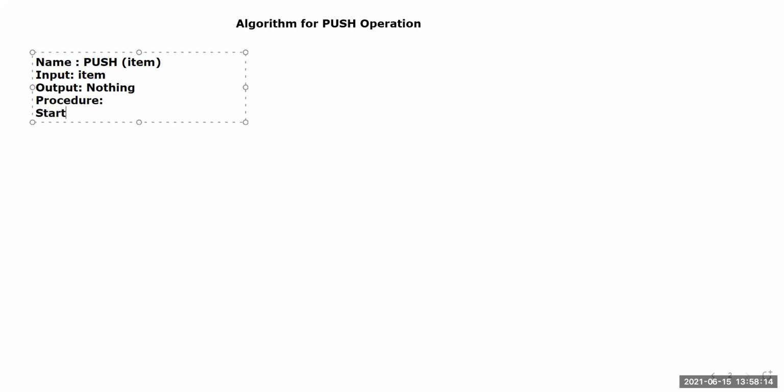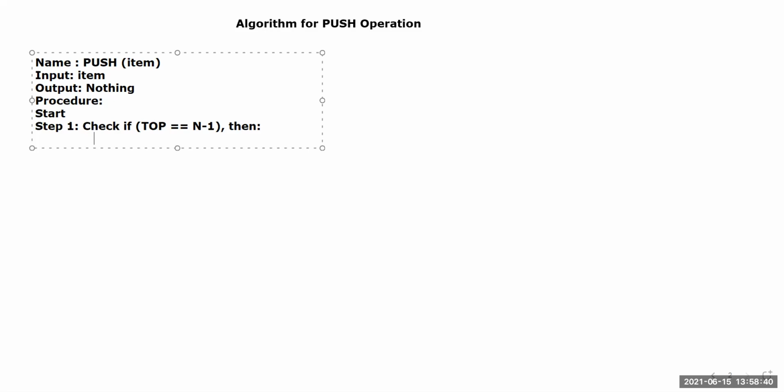start. Step 1, check if top is equal to n minus 1, then display stack overflow. That's it. We can just end it over here.